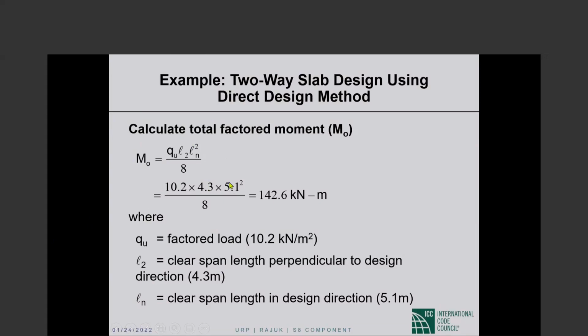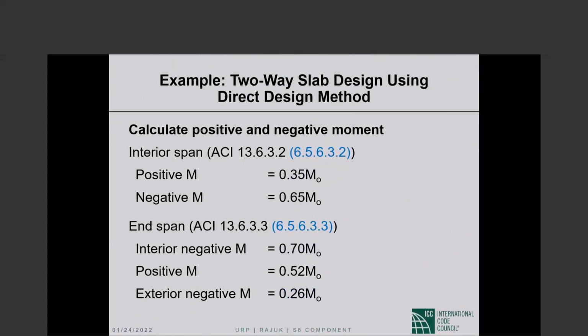Clear span is 5.5 minus 0.4, which is 5.1 meter, squared, divided by 8, gives 142.6 kilonewton meters. Interior span, the distribution is 65% to the supports and 35% to the span.